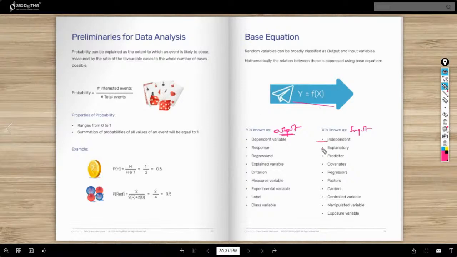And here you have independent, explanatory, predictor, covariate, regressors, factors, attributes, carriers, controlled variable, manipulated variable, exposure variable. So these are all the different names that we give to output and, of course, input respectively. So refer to this book, guys. It gives you a lot of details.